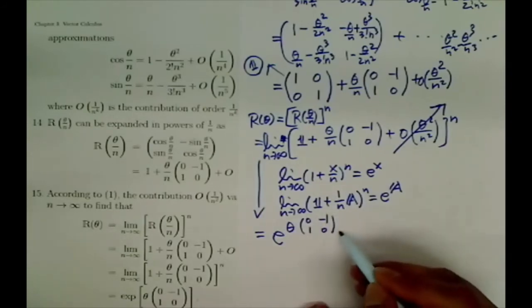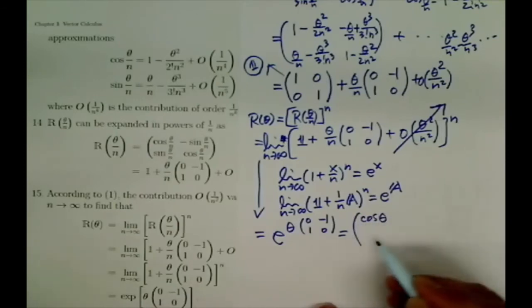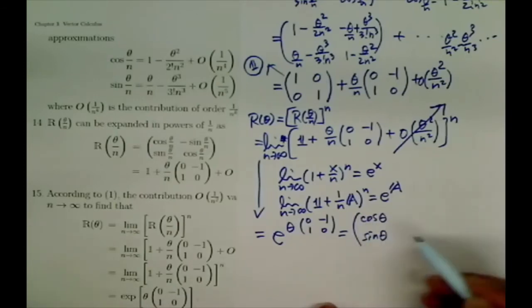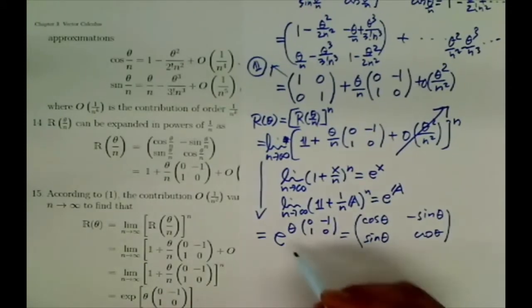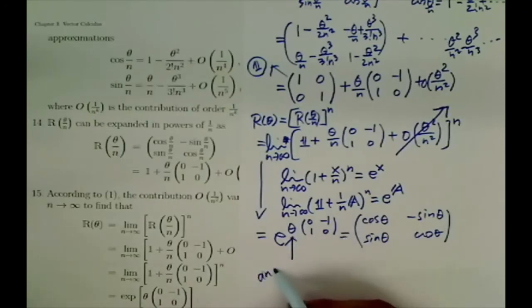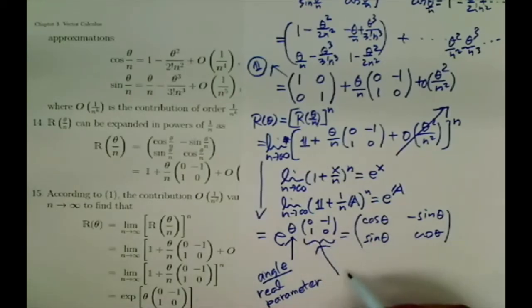But we remember that this one is cosine theta, sine theta, and minus sine theta, cosine theta. Theta is the parameter, the angle, a real parameter. A is called the generator.